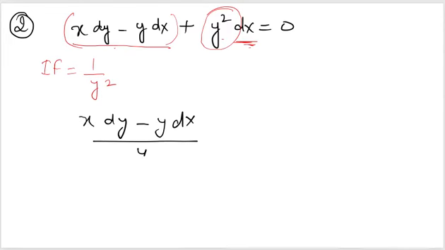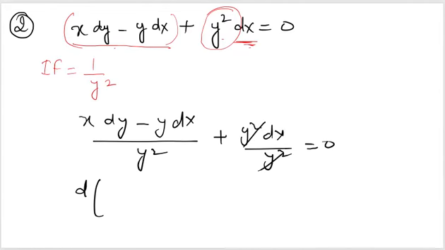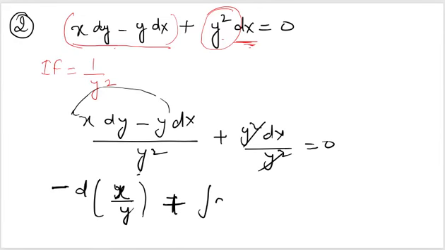When you multiply 1 upon y square throughout, this y square will get cancelled, and we can write this as d of, since y square is in the front, and by using the quotient rule, this term should be the front and this term should be later. So I can do a minus sign and then write y by x by y. You can write like that, and here we have only the integration of dx because y square gets cancelled.